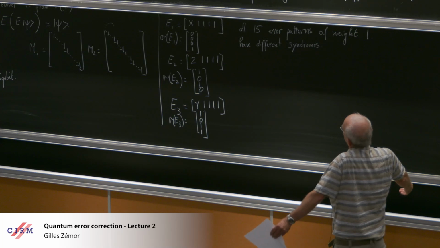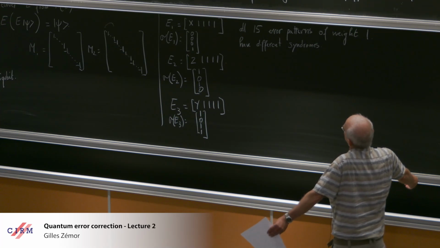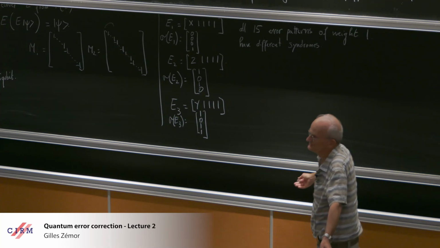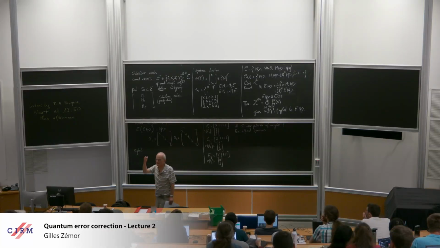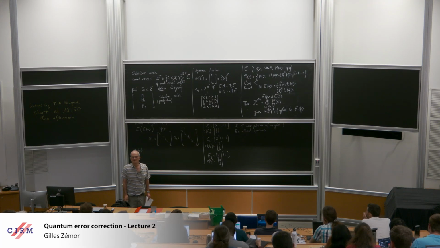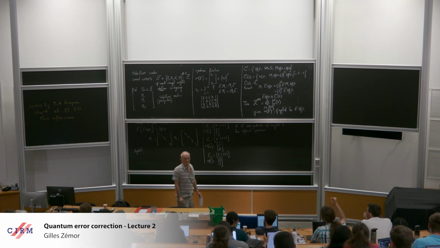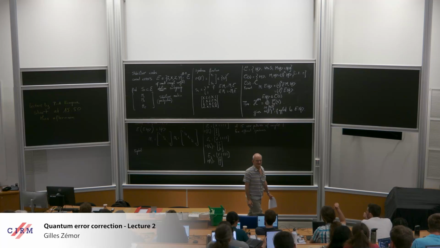It's a little miracle because you only have 15 non-zero syndrome values, because {0,1}^4, that's the space of syndromes, has size 2 to the 4, 16. If you take away the zero syndrome value, which corresponds to the all-identity error pattern, then we only have 15 values left.